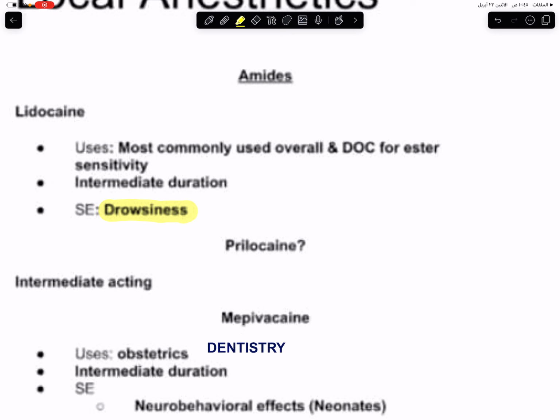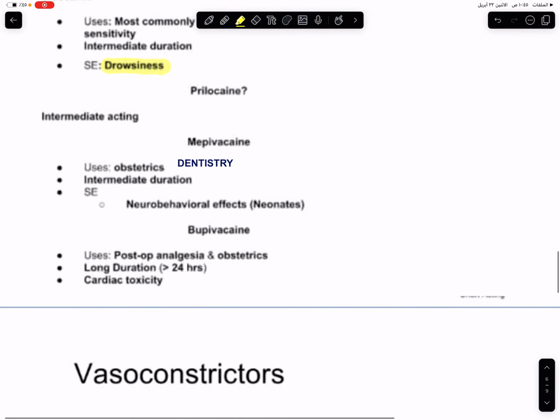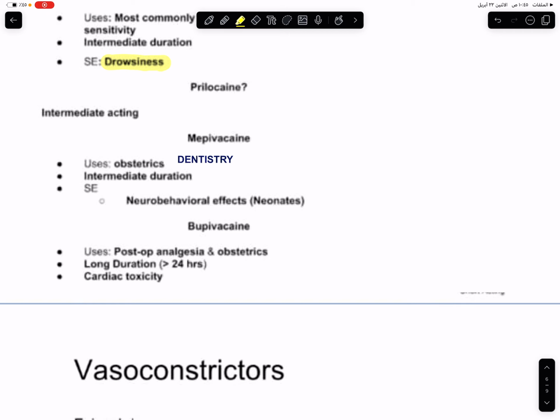Okay, so we use it for obstetrics. Obstetrics means during child or baby delivery. In France, they encourage the mothers normal delivery. But you know, normal delivery is always painful.